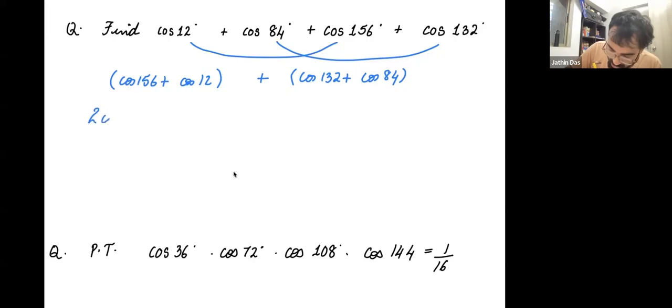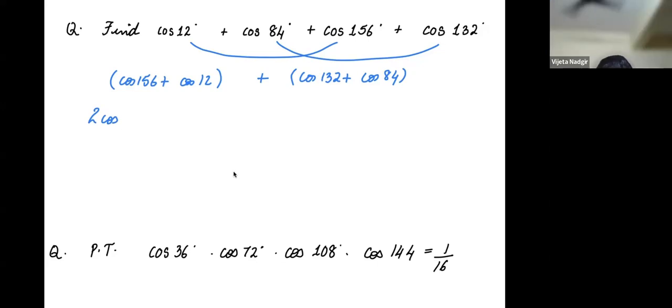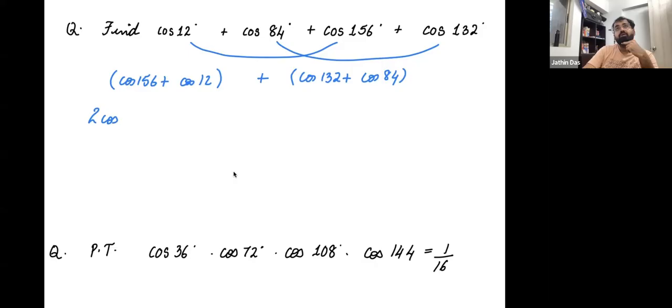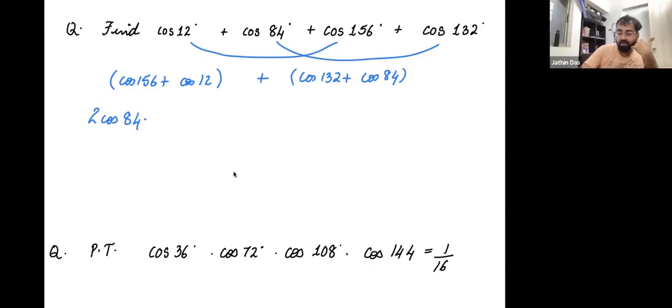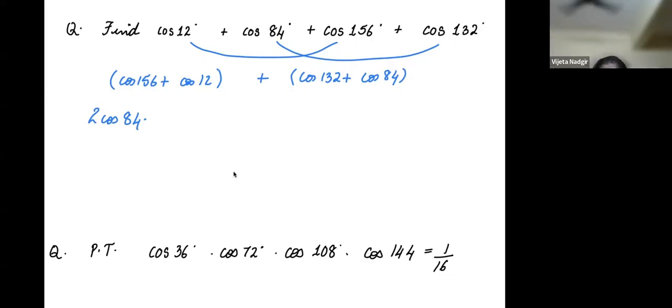So 2 cos, what is the sum? 168 by 2, 84. And the difference is 144 by 2, 72.